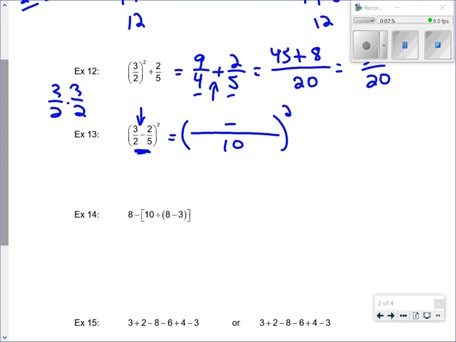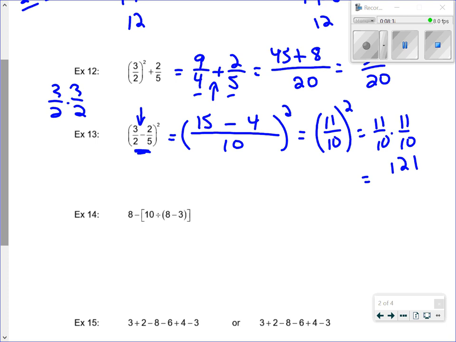Okay. 3 times 5 is 15, and 2 times 2 is 4. I'm going to keep working on the inside until I've got it down to just a single number. 15 minus 4 is 11, and the denominator is 10. And now I'm going to square 11 over 10. So that is, some people like to write this out, 11 over 10 times 11 over 10. And 11 times 11 is 121, and 10 times 10 is 100.